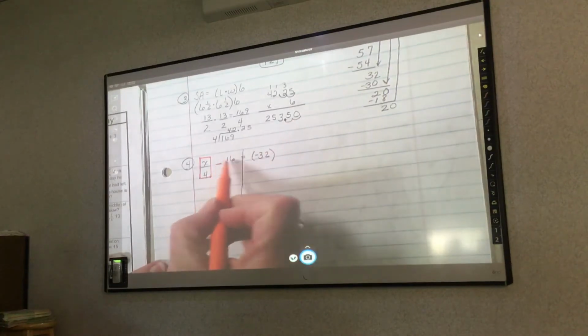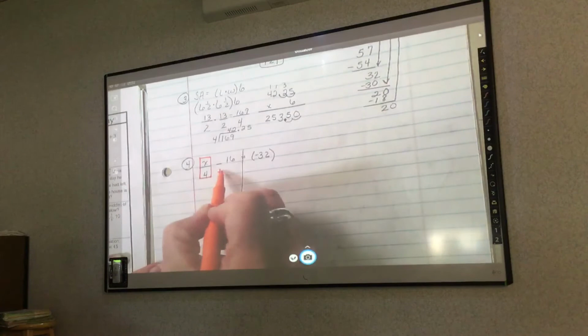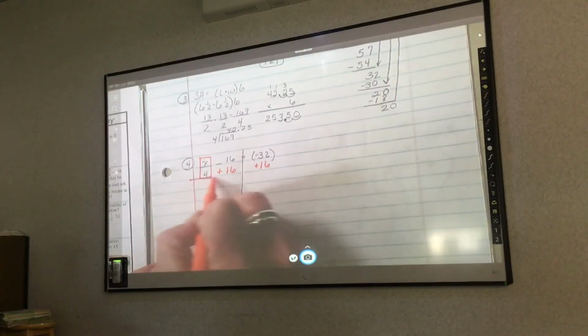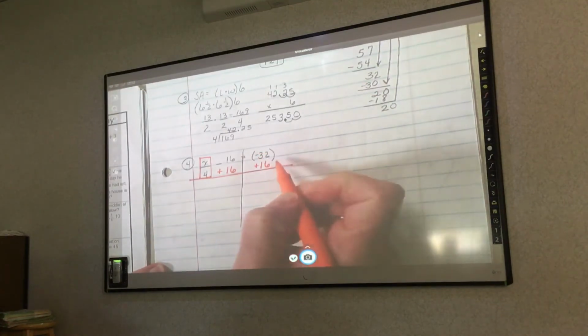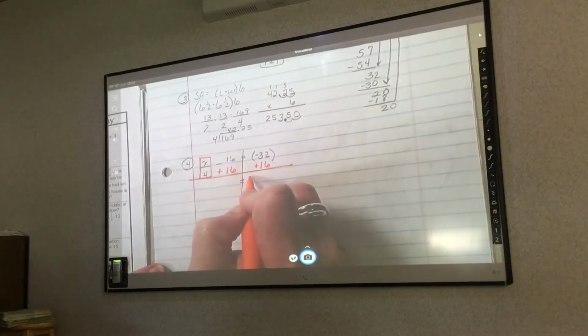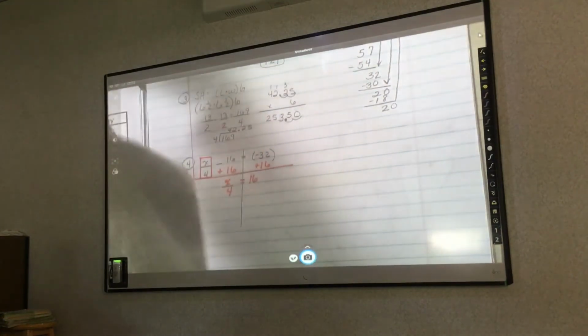That's a minus 16, so now how do I move it? Add 16. One's negative, one's positive. Subtract. So 32 minus 16 is 16. So now I have X divided by 4 equals 16.